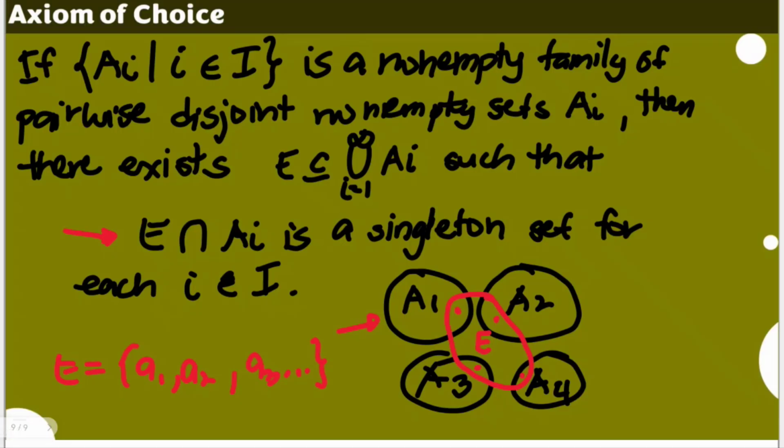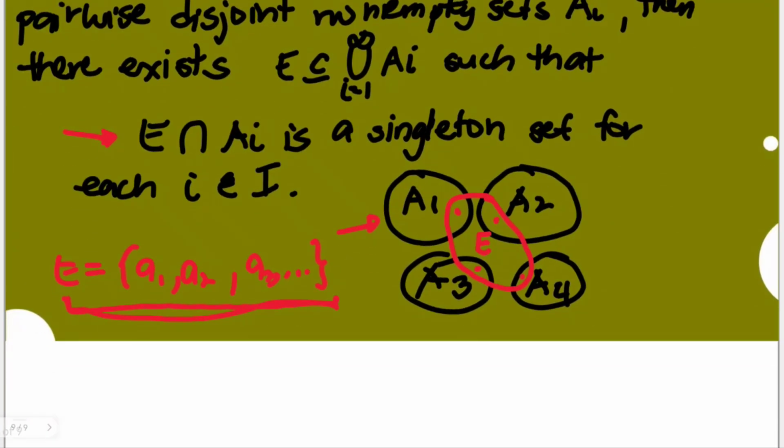So this is what we call the axiom of choice, that certain set will only comprise of those intersections. And this set is a subset of the countable unions.